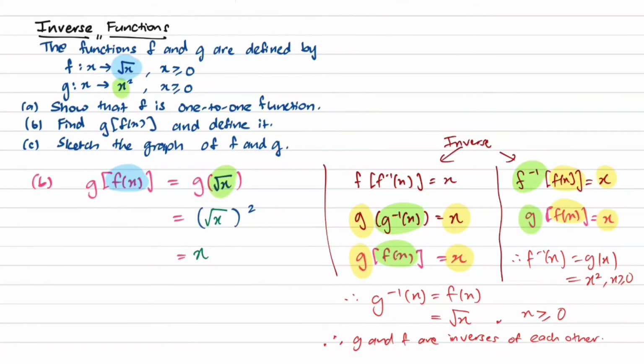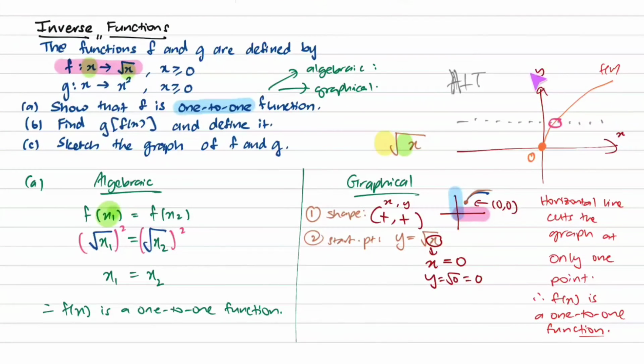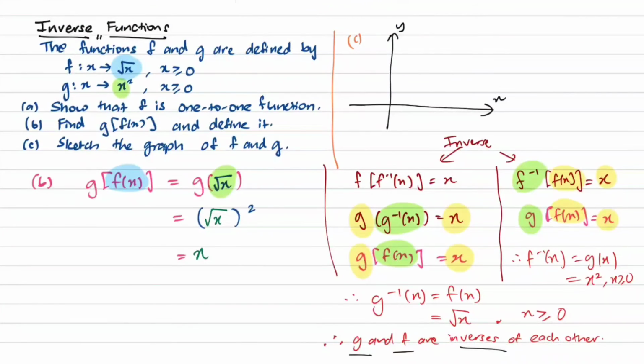Now, take a look at question C. We need to sketch the graph of f and g. That's not a problem now since we know this property that g and f are inverses of each other. It is sufficient for us just to sketch one graph, and the one graph that we have sketched before is the function f. So right now we just have to sketch the function f exactly as it is, and then don't forget to draw the line y equal to x, because when we have two functions that are inverses of each other, the other function will reflect at this line y equal to x.